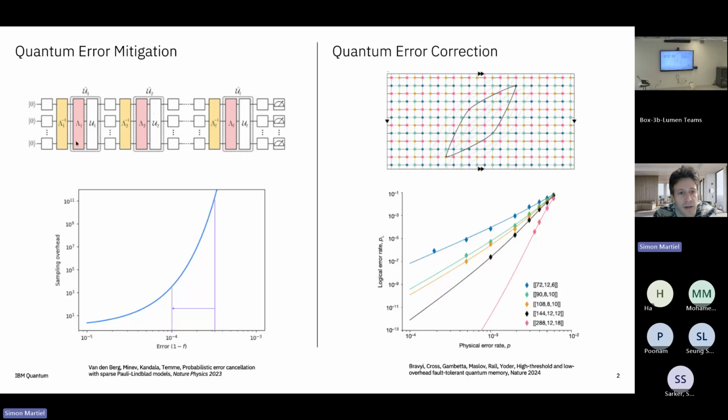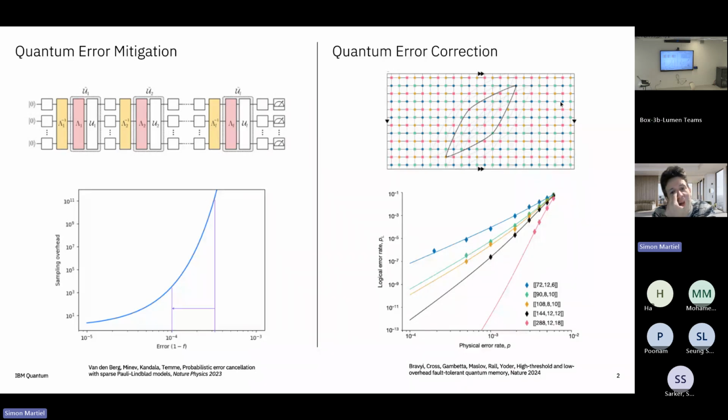We virtually invert those noise channels by adding the inverse noise channels, which are non-physical, but that we can emulate by running the same computation many times. So basically, we pay a price of sampling overhead in order to counteract the action of errors. And the cool thing is that we can get unbiased estimates of some observable, for instance. This is the PEC framework.